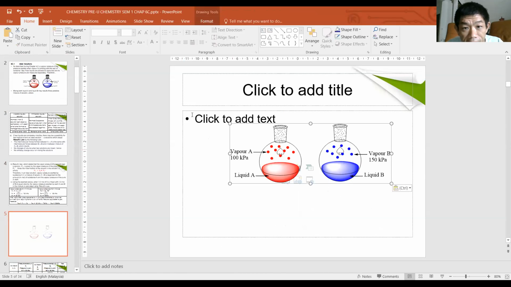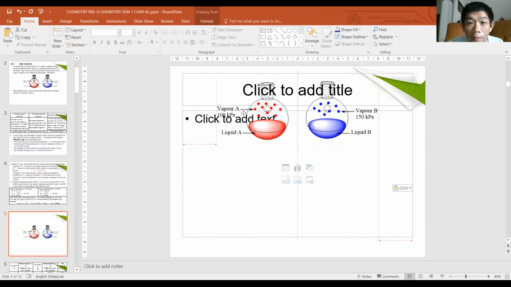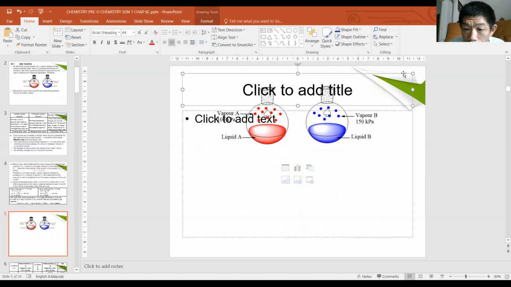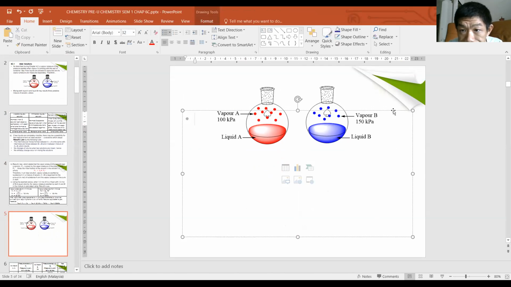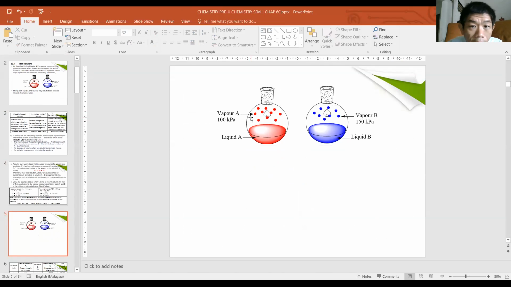So now you have a vapor pressure of A mixed with vapor pressure of B in here, isn't it? Now they are mixed together. Can you give me like 2 minutes? I draw out the figure for you so that you can see together.